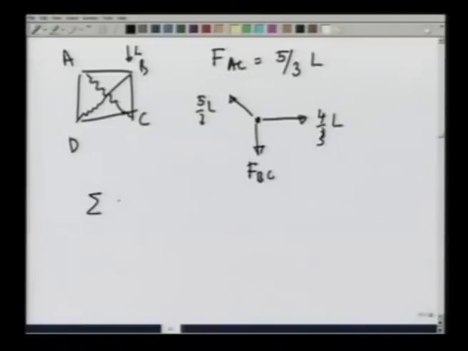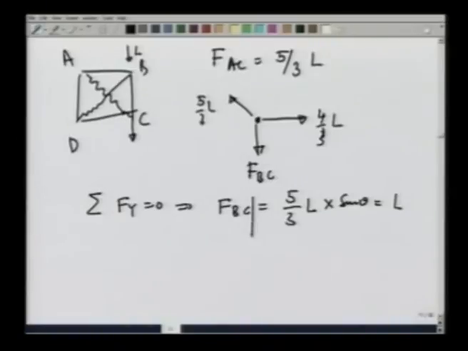Summation Fy equal to 0 gives me FBC equals 5/3 L times sine of theta. Sine of theta we have already calculated is 3/5, and therefore, this comes out to be L. So, FBC is pushing it down, and that means the rod is being compressed, so it is compressive.